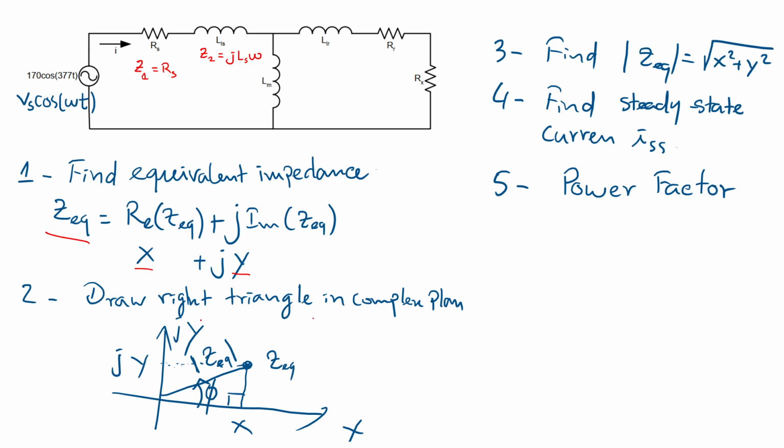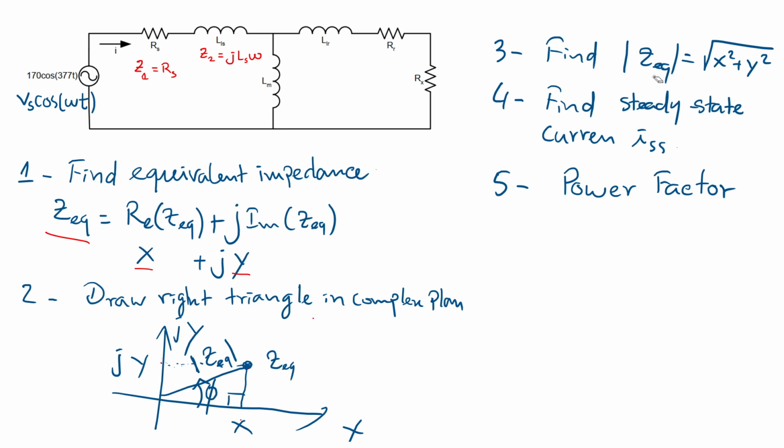After that, step 2, you draw a right triangle in the complex plane. One edge of the right triangle is X on the real axis and the other one is Y on the imaginary axis. So you have angle phi here.